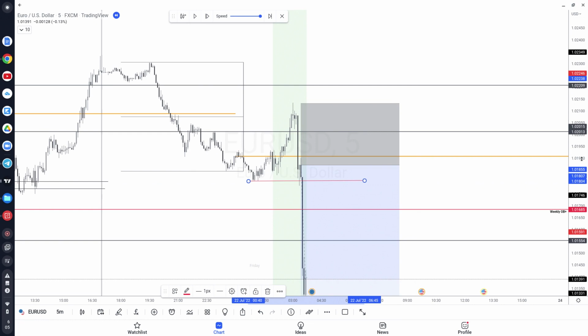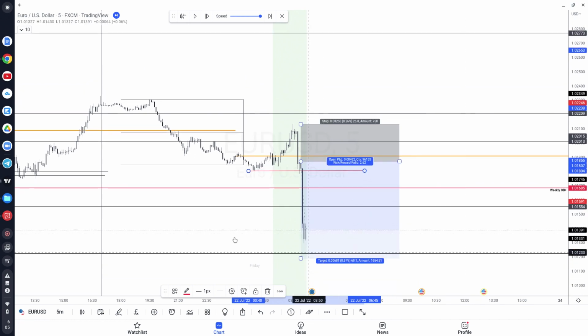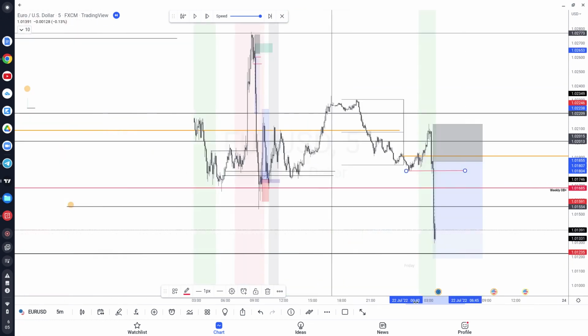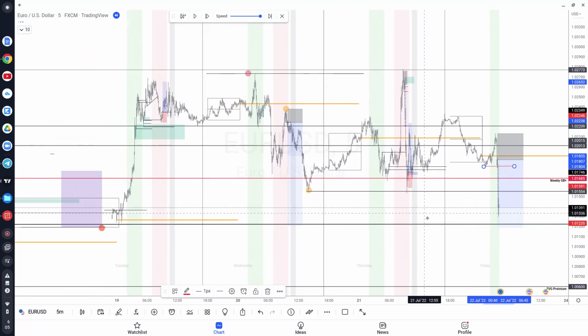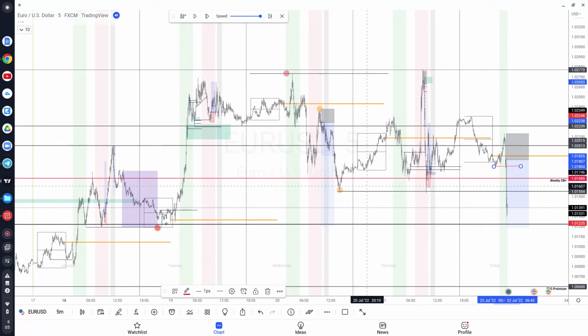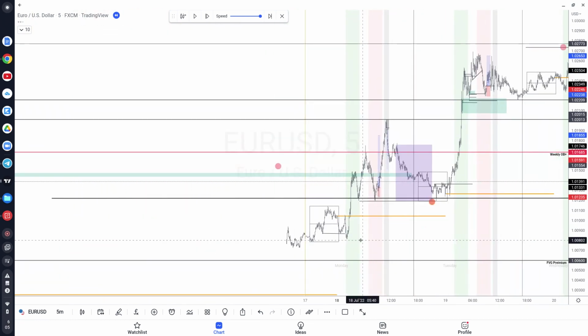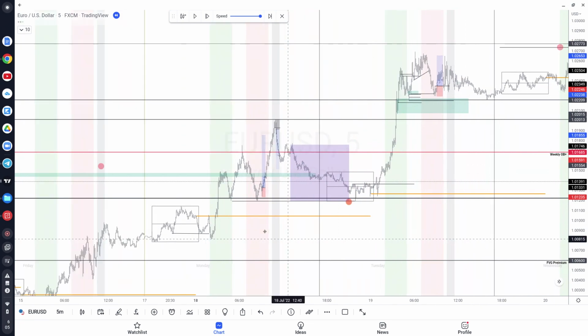So 26 for 68, I believe that's just under a 1 to 3, highly probable. And then this area here, right? This is something to take note of.